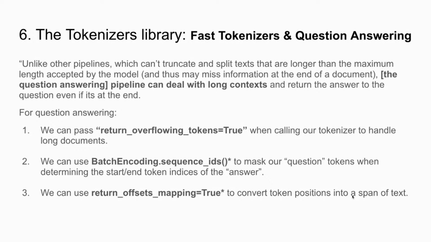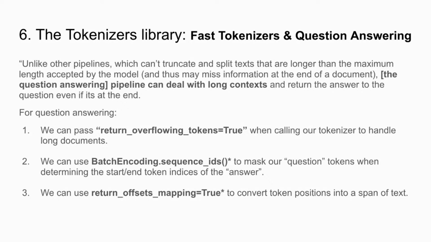So especially as we're going through example by example, whether we're using the overflow tokens and chunking things or just truncating, we want to be able to know what tokens are associated to what characters, because in most of our question answering data sets, what we're given is the index of the start character where the answer is, and then what the answer is to figure out the end character.